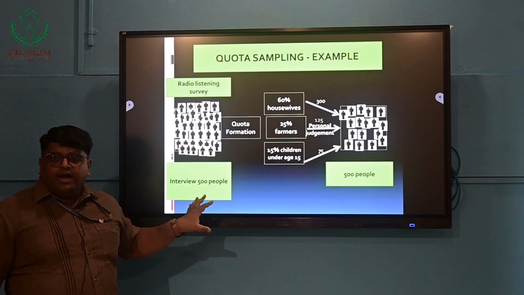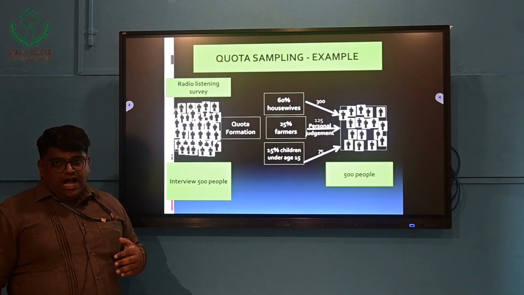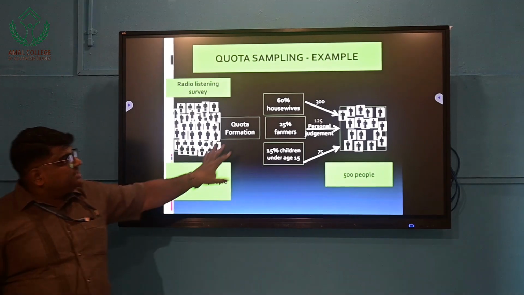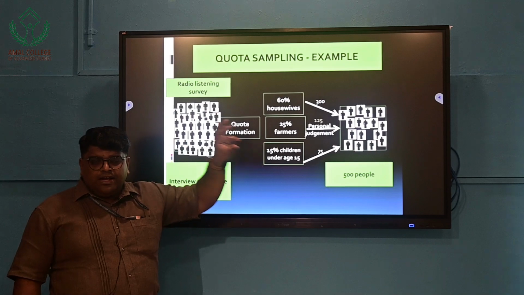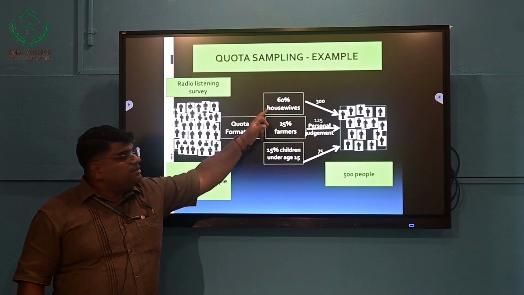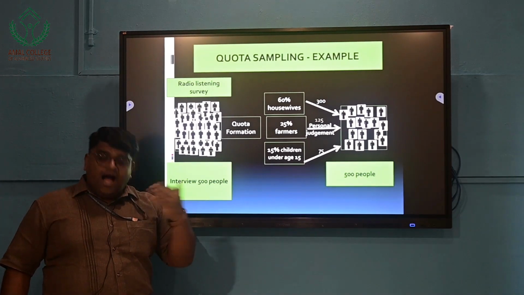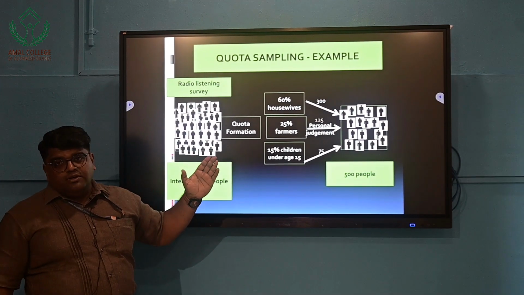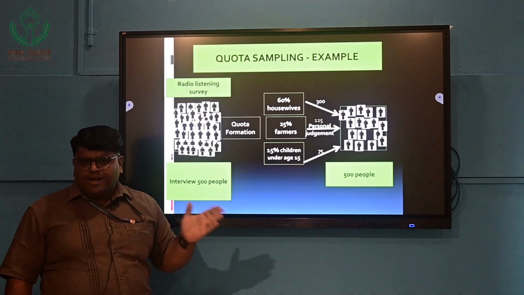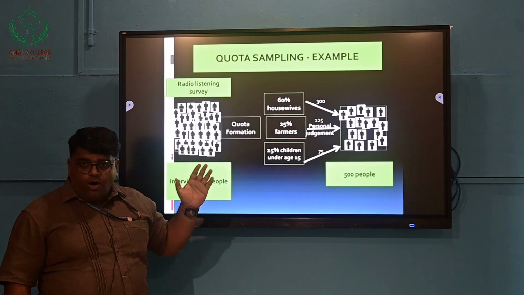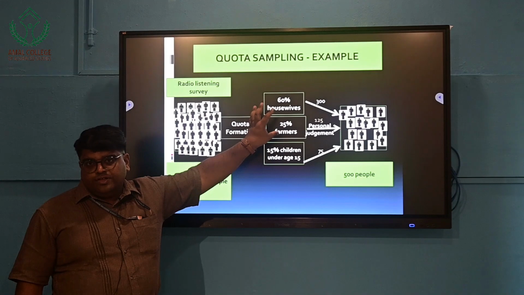So total 500 people are there, and out of 500 people, as a researcher, I am assuming that there should be 60% of housewives. I have already fixed a quota of 60% exclusively for housewives, because as a researcher I feel that housewives will be listening more to radio in the morning time, in the prime time, right? So on the basis of that assumption, I have given 60% of quota to housewives only.